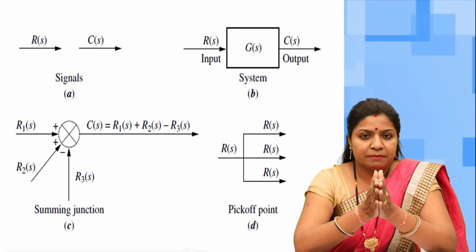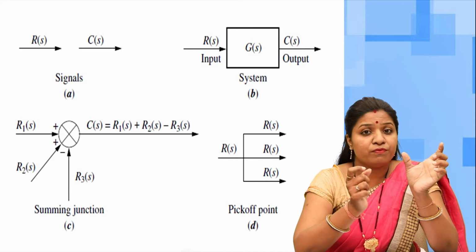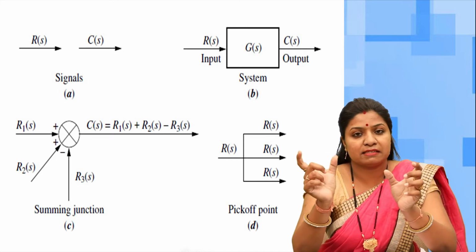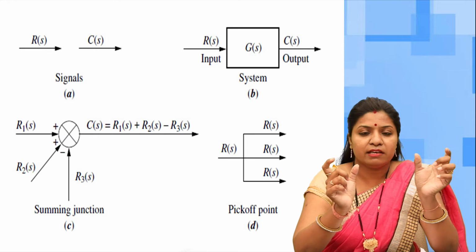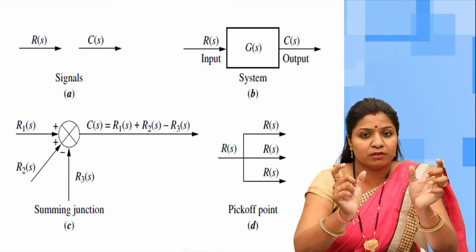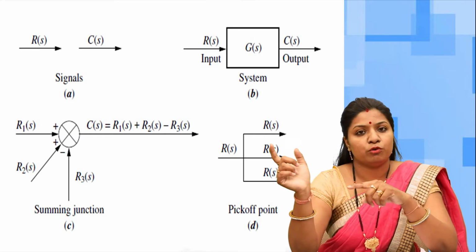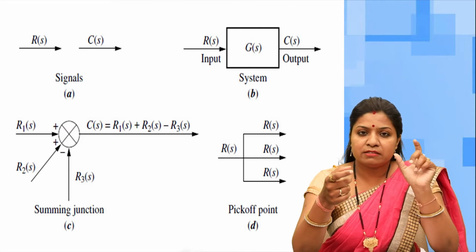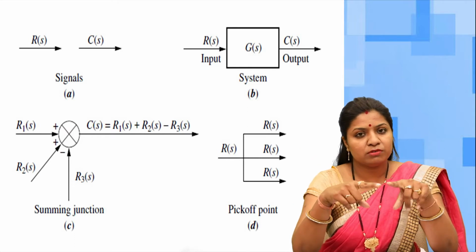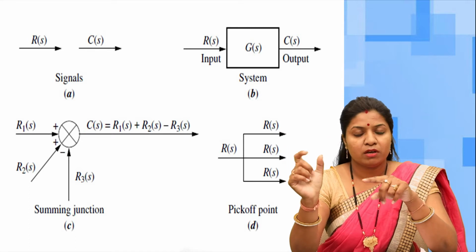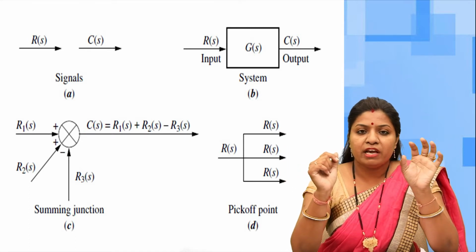First is the signal. A signal is basically represented with the help of R(s) and C(s). R(s) is the input signal, the reference input, and C(s) is the controlled output. Always the input is shown as R(s) and the output is shown as C(s). Why are we using s?